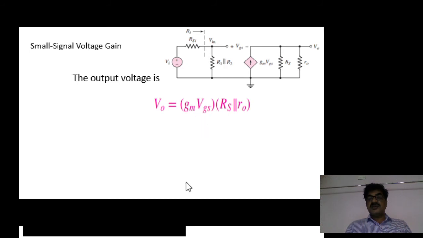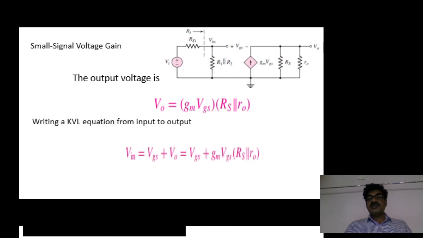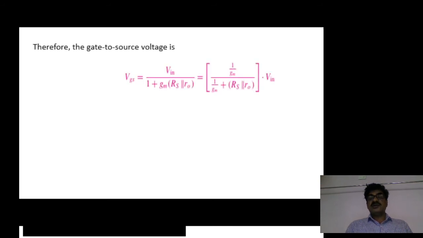Writing the KVL equation, Vin equals VGS plus V naught. V naught is already derived, so substituting that value, VGS equals Vin divided by 1 plus gm times RS parallel r naught.